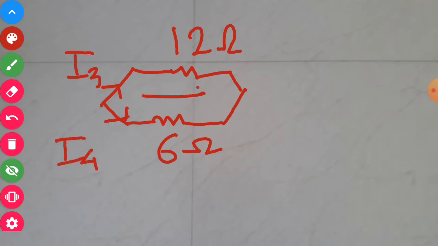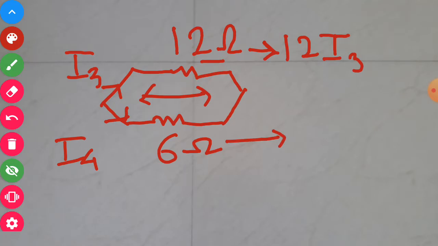Now voltage across both will be same because they are in parallel. V is equal to I into R. So voltage across the 12 ohm resistor will be 12 I3, and voltage across 6 ohm will be 6 into I4. But these must be same because they are in parallel.